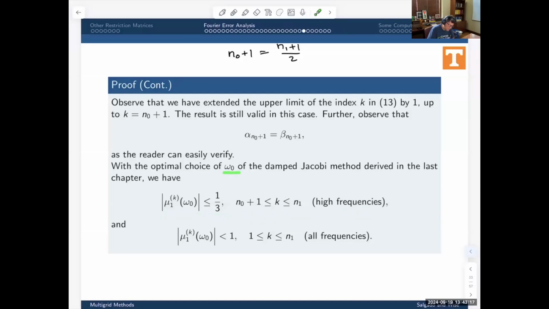That was the reason for choosing omega naught. For all other frequencies, all that we know is that they're less than or equal to 1. For all other wave numbers, we simply know that the eigenvalues of the error transfer matrix for smoothing are strictly less than 1.